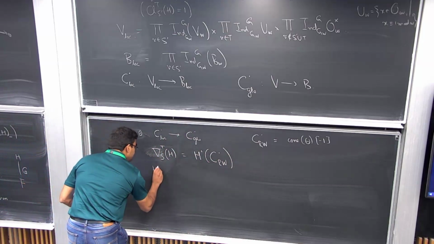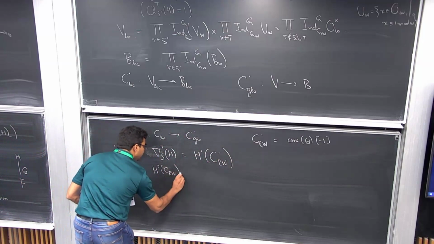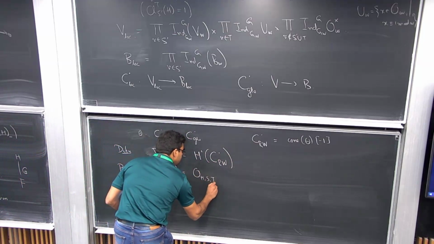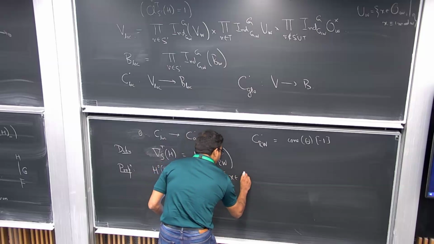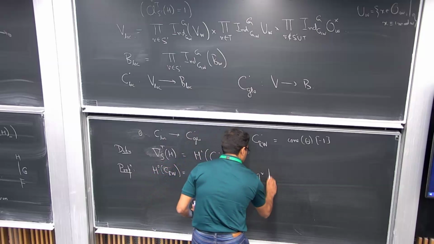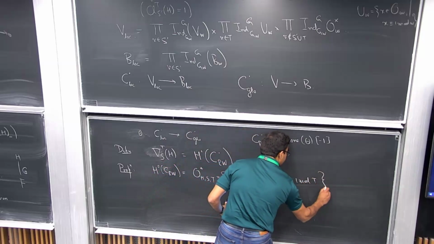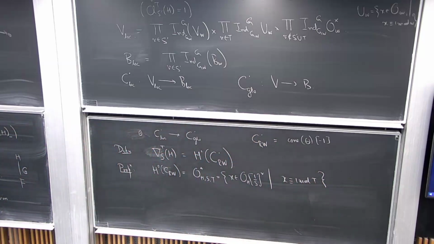H0 of this Ritter-Weiss complex is just O_{H,S,T}^*, so these are all x such that x is congruent to 1 mod T. Mod T just means modulo every prime of H above T. And then H1 is what it is, and H2 is 0.